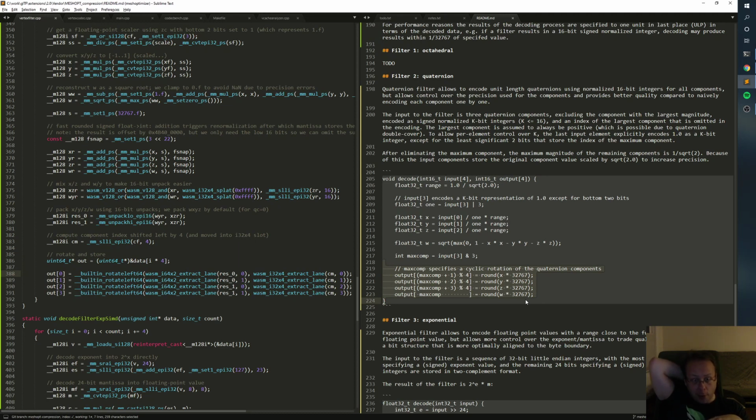In my WebAssembly code, the best thing that I found to work with the current limitations was this: each quaternion, when we encode it, is 4 16-bit integers, which means 8 bytes, which means it's a 64-bit integer. So you can take the 64-bit integer and literally rotate the bits using the rotate instructions.